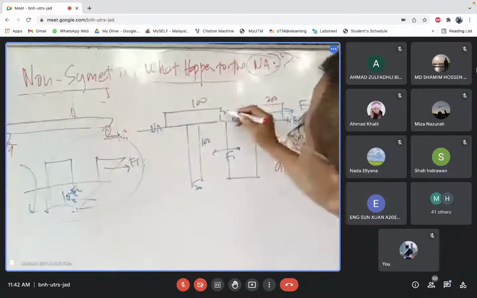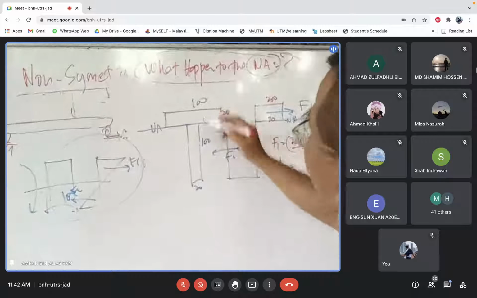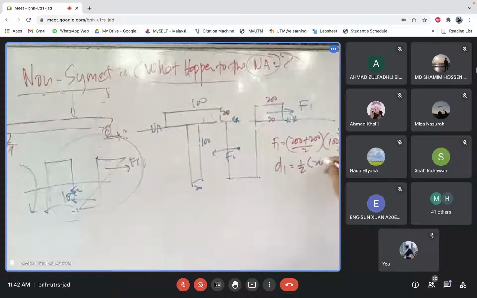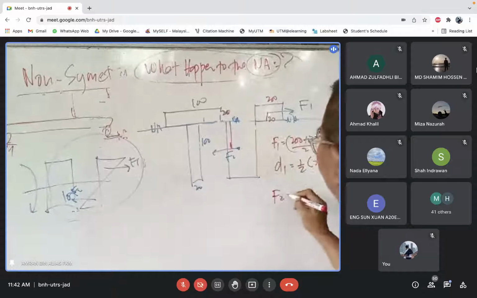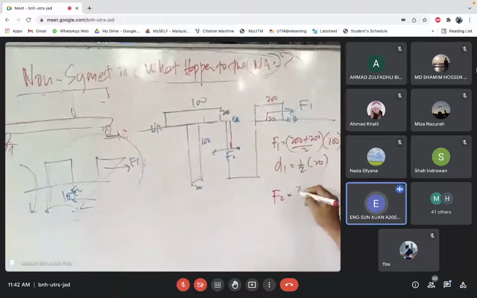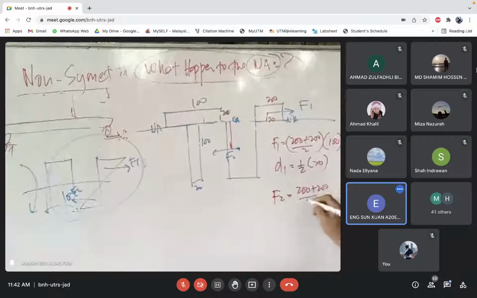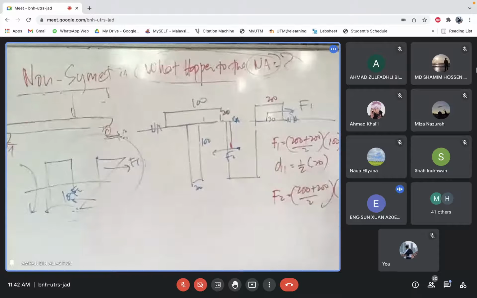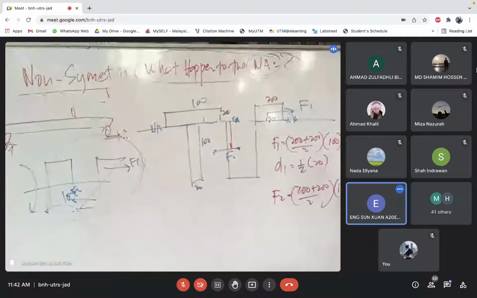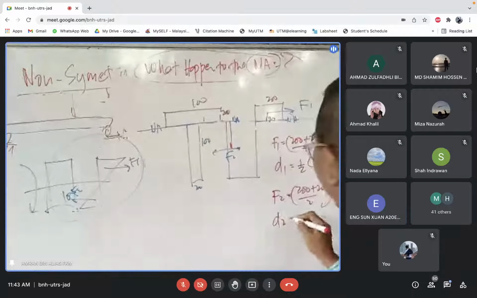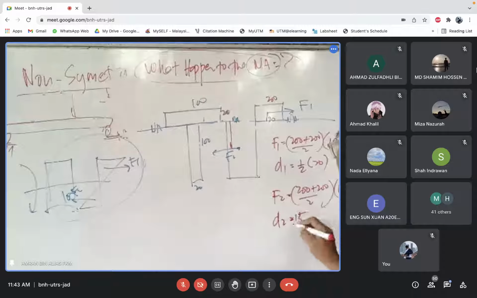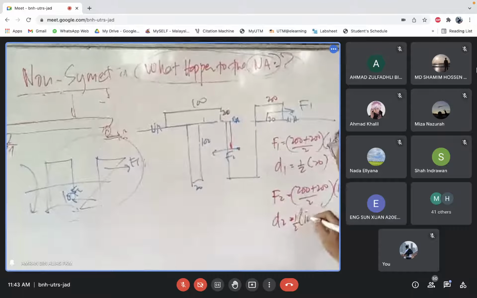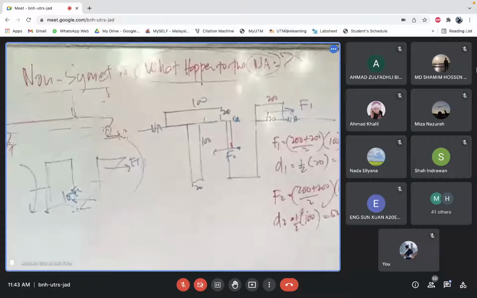This distance is 20, so half of that. Okay? So what is your D2? F2 first. What is F2? 200. What is the area? 100 times 20. So what is your D2? Half of 100 equals 50.